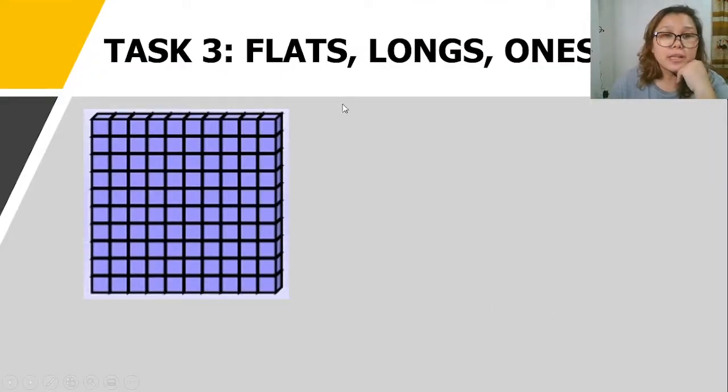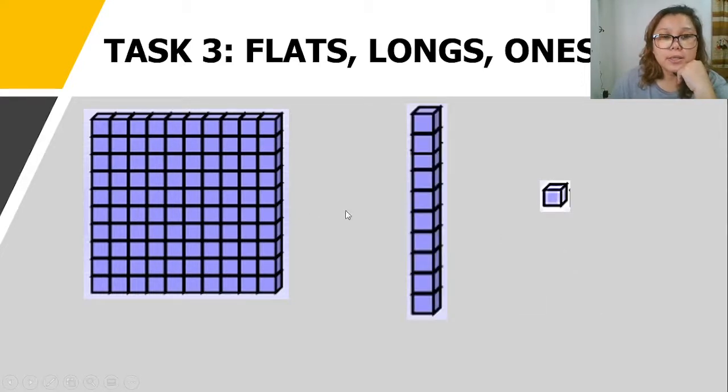So, for task 3, we have the terms flats, longs, and ones. Okay, so we have here 3 figures. So, let's label them first as A, B, and then C. Okay, so among these 3 figures, which looks like a flat object?